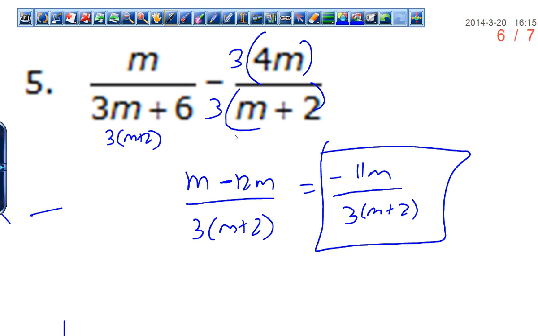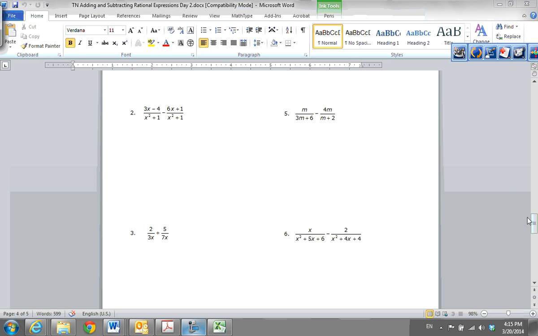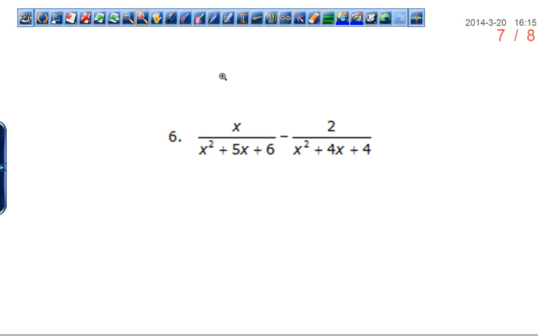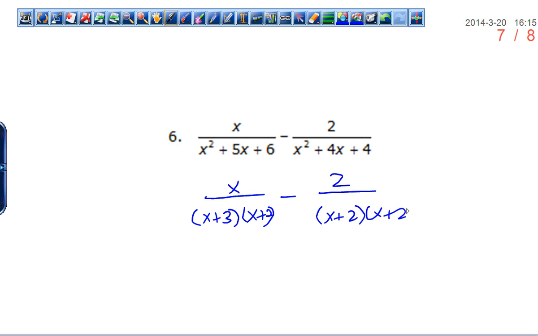Boom. All right. Number 6. Yeah, anytime you see anything that's got to be factored, got to factor first. So we got x plus 3, x plus 2, minus 2, and then x plus 2, x plus 2. As you can see here, we got a couple of things the same and a couple of things that aren't.